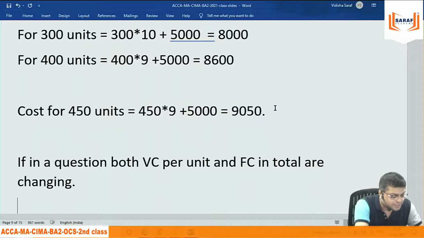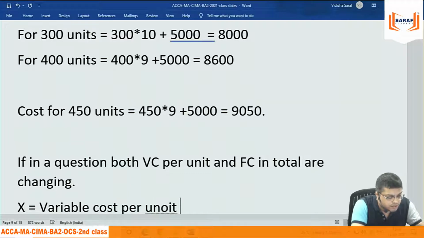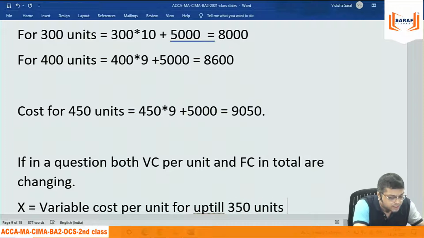I will say X equals variable cost per unit. This I will say per unit for up till 350 units.